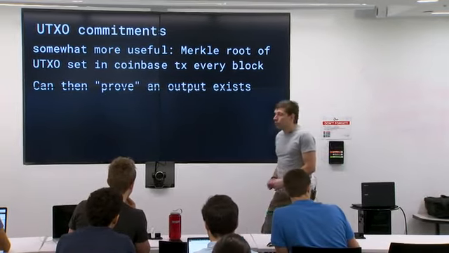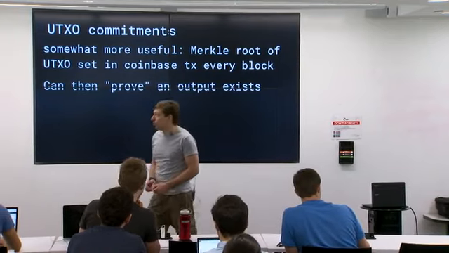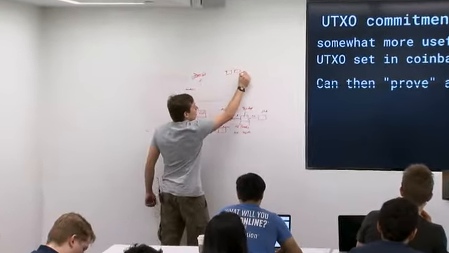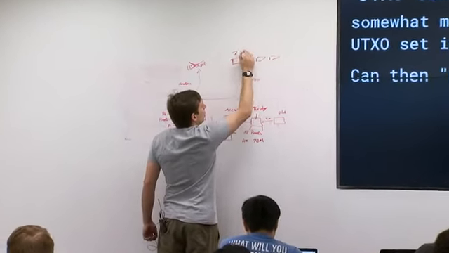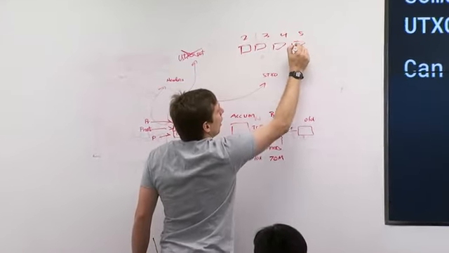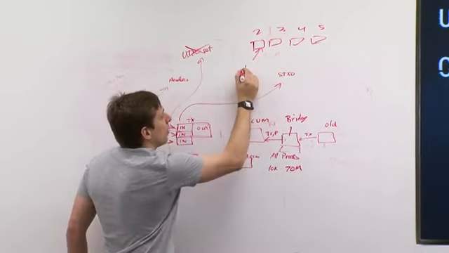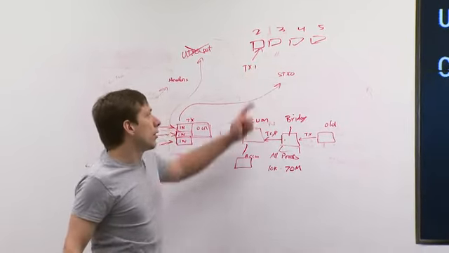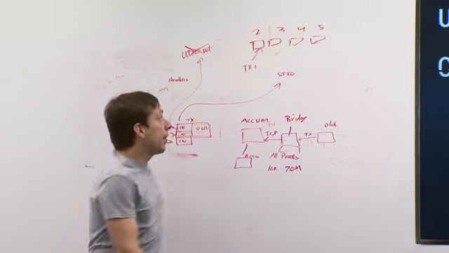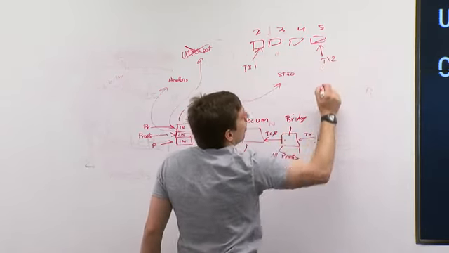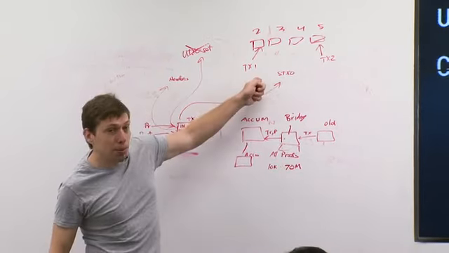And you can also prove that a transaction was consumed at a certain block height, right? So if you have all these different blocks, 2, 3, 4, 5, you can say, hey, here's a Merkle proof that transaction 1 was included in block 2. And then you can prove, okay, here's transaction 2 that consumes one of the outputs from transaction 1.